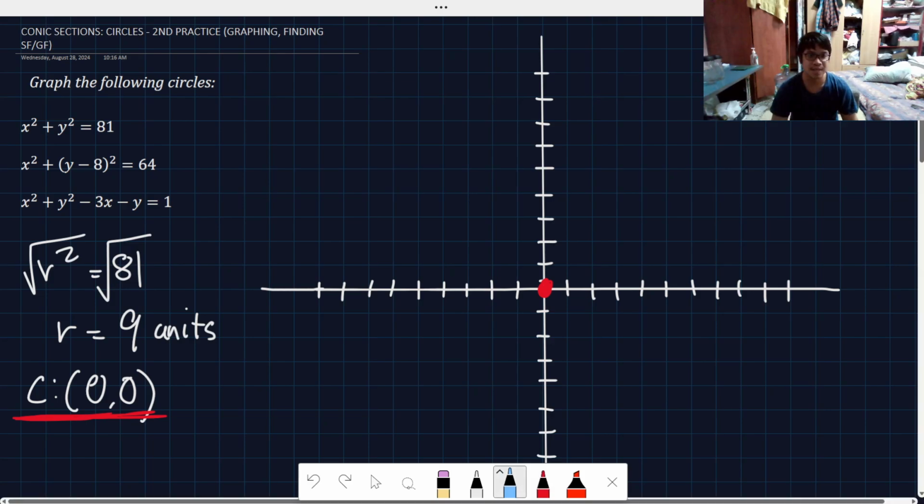Next, we're going to draw your circle based off your radius. Your radius here is 9 units. So what does that mean?